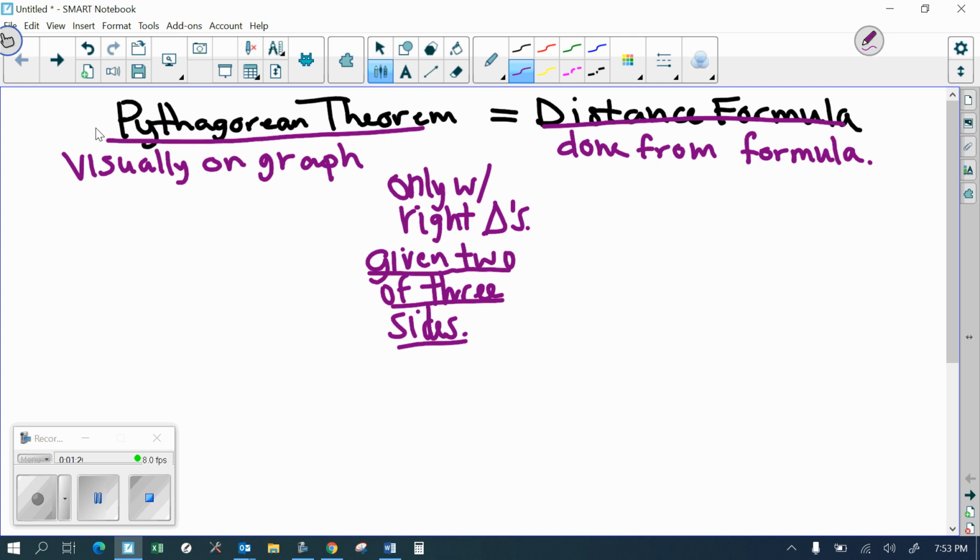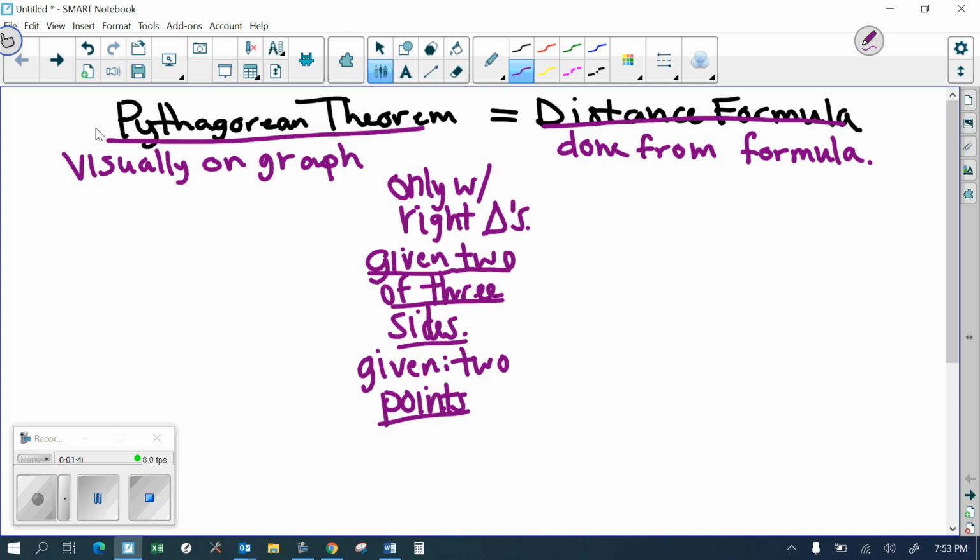Okay. Or that would be the same as saying given 2 points, okay, in the coordinate plane.